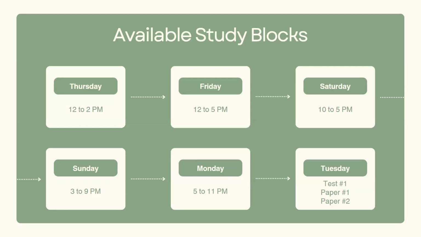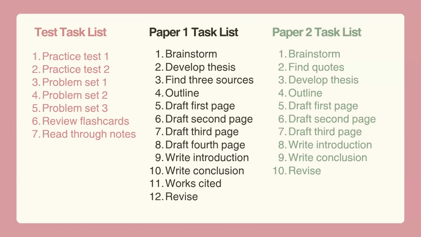So looking again at the sample study schedule we began earlier, here we have our available study blocks for 5 days leading up to next Tuesday when I have 3 deadlines. I have a test at around noon, and then I have 2 papers due at midnight on Tuesday, and 5 days to do all of them.